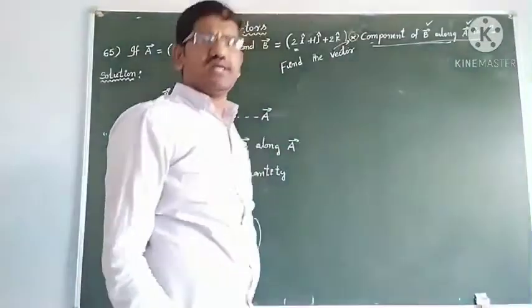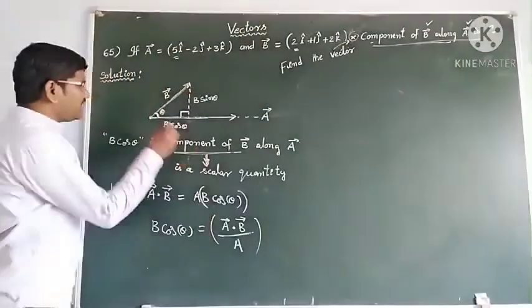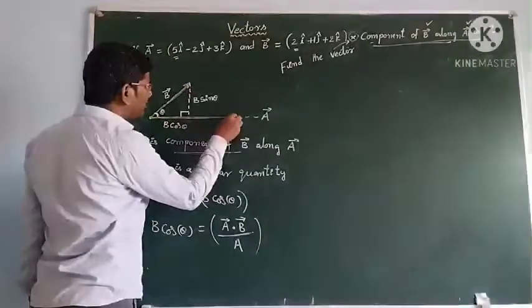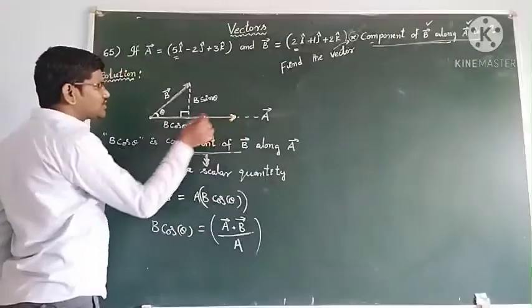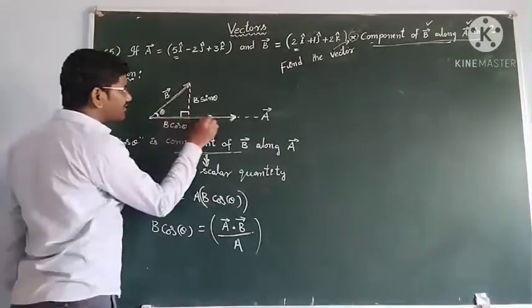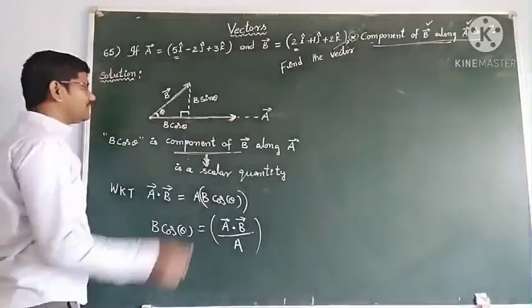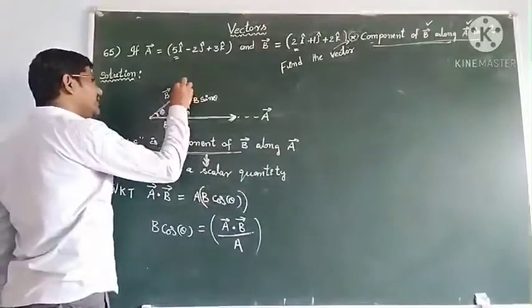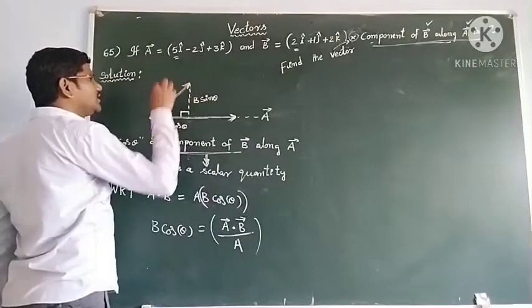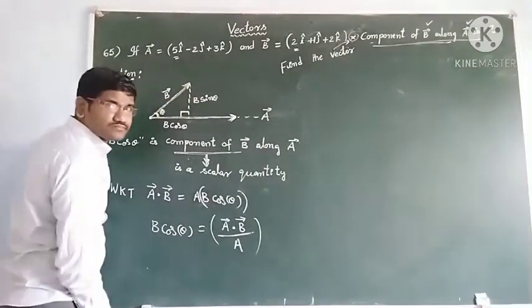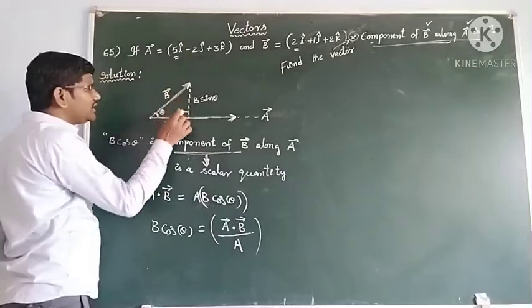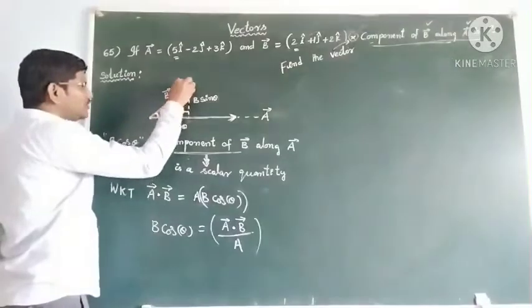Okay students, you see again the same vectors. Consider this is the A bar vector, this is the direction and this much is the magnitude I have taken, and this is the B bar vector, with magnitude and direction. Now this B we resolve into two components.